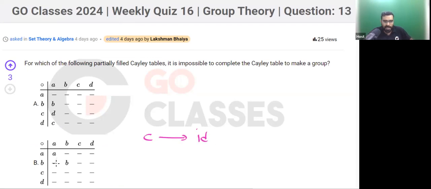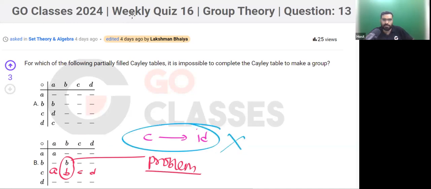Why no? If C is the identity element, then this row must be the same as this header, so I need A, B, C, D here. Now here this is the problem. So I can say C is definitely not the identity element.